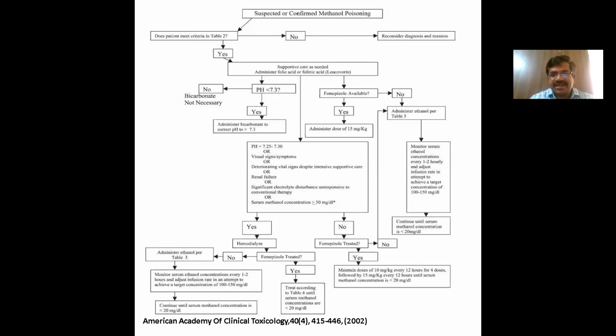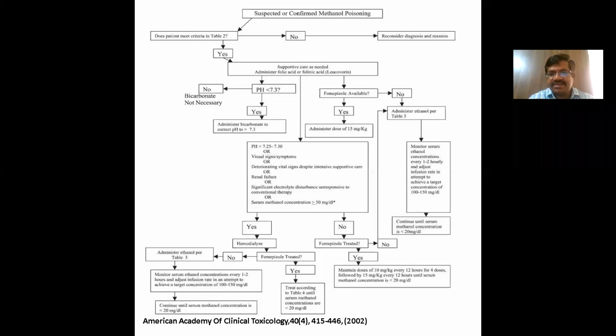If the pH is not less than 7.3, bicarbonate is not necessary. If it is less than 7.3, then administer bicarbonate to correct the acidosis and bring the pH above 7. In supportive care, you can also give fomepizole if available. If not, then you have to administer ethanol as per table 3, as I told earlier.